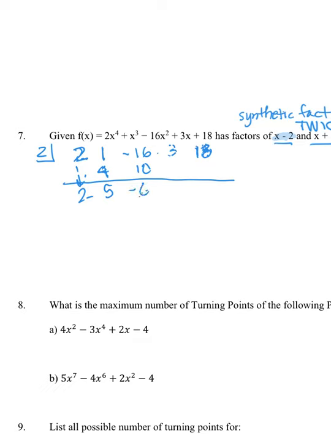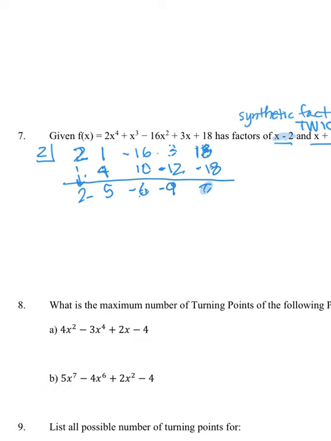The 2 times the negative 6 gives us negative 12. Add down, we have a negative 9. 2 times the negative 9, kitty corner from that, and we get negative 18 and a 0. Do you see how we have that 0? That tells us that yes, 2 is in fact a factor.